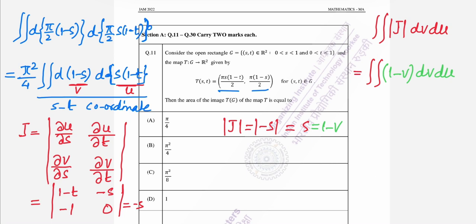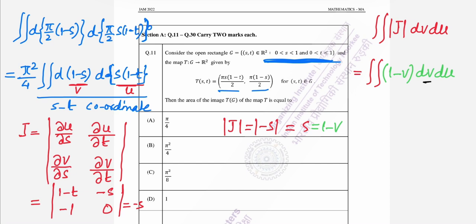Now the time comes for the limits. How can we put the lower and upper limits for both integrations? So first see here, s and t are both independent, which makes things easier.